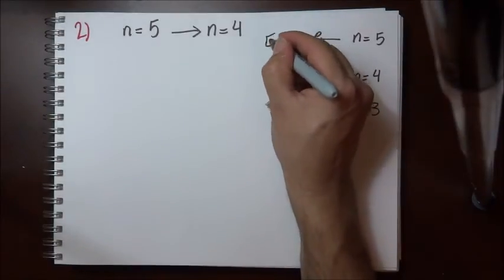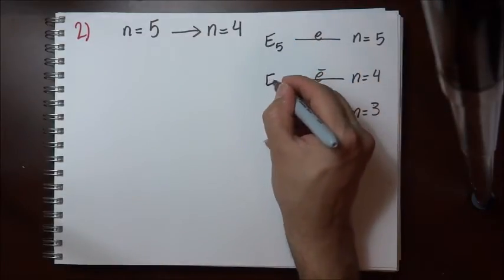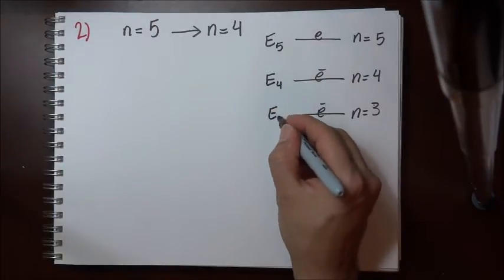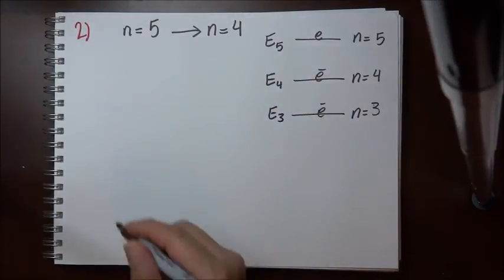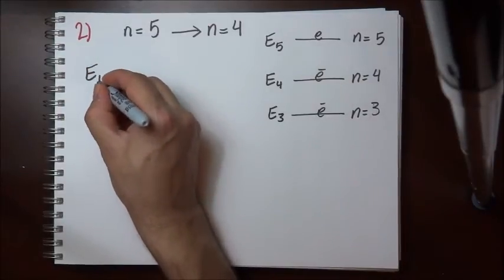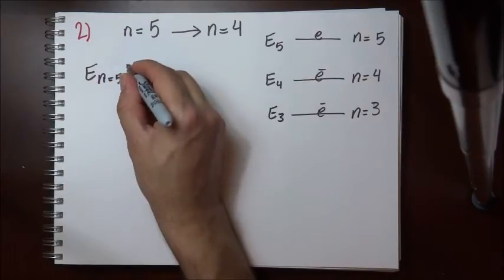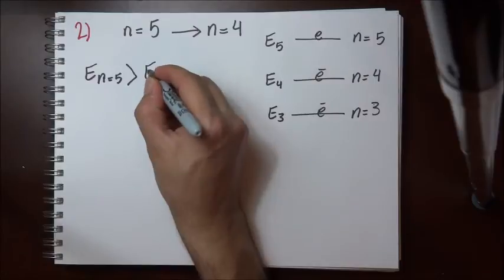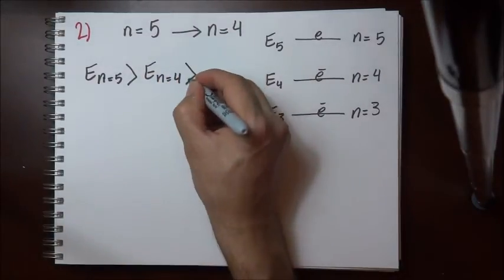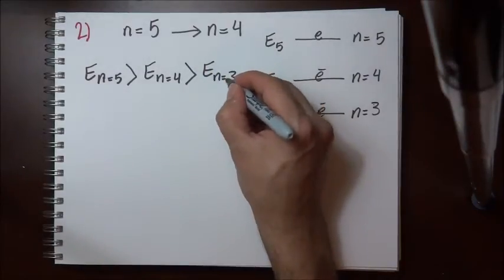So energy of n5 is higher than energy of n4 and higher than energy of n3. So I can say here the energy for one electron that's sitting inside n equal 5 is bigger than the energy of one electron when n is equal 4, and is bigger than the energy of one electron that's sitting inside n equal 3.